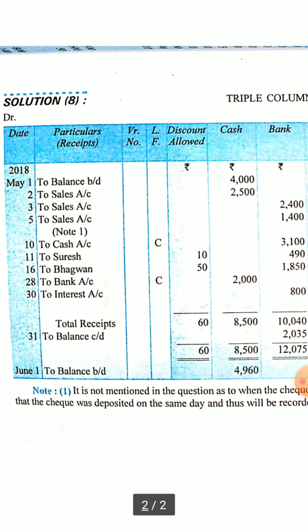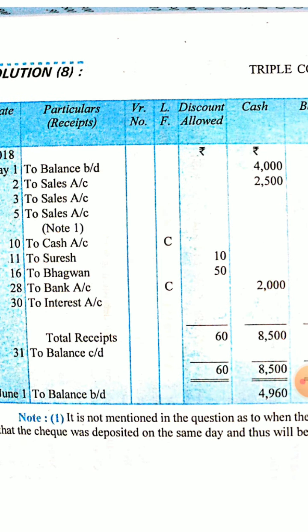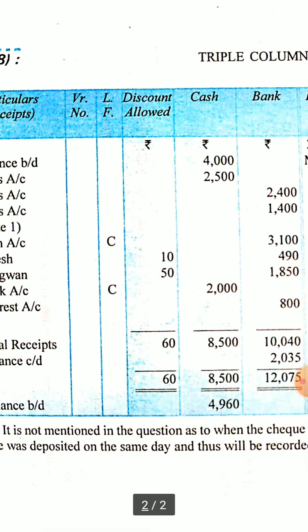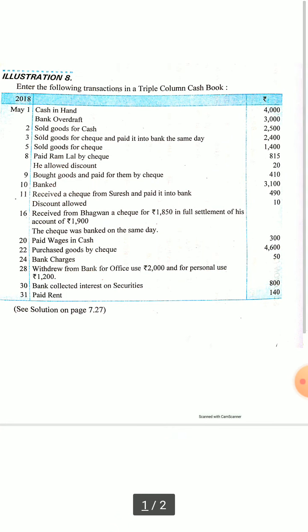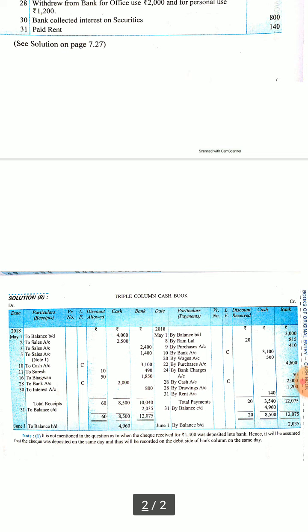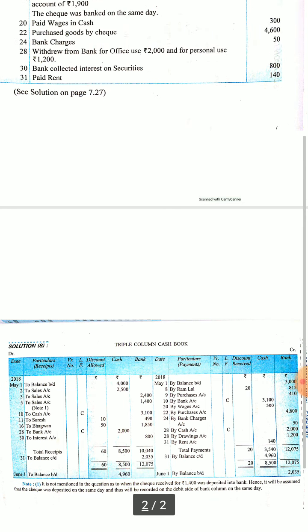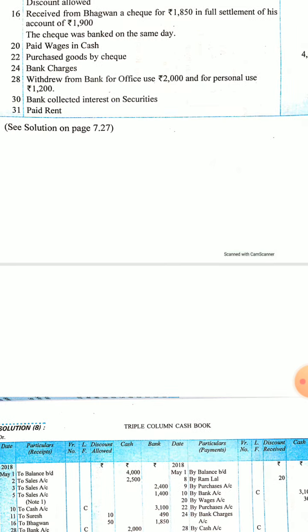Cash will increase here. So to bank account, again same amount 2000, and you have to write C here in ledger folio. Again, bank collected interest on securities. Here wrongly it is printed. Bank collected will not happen.